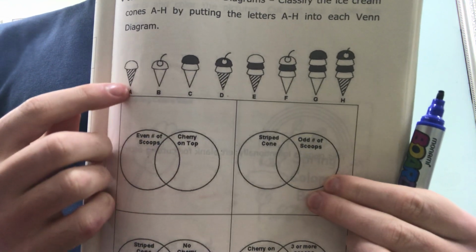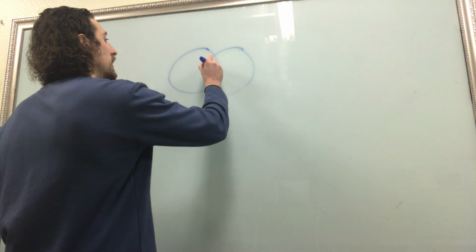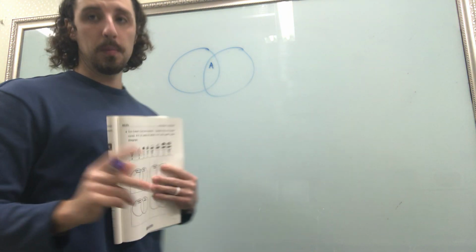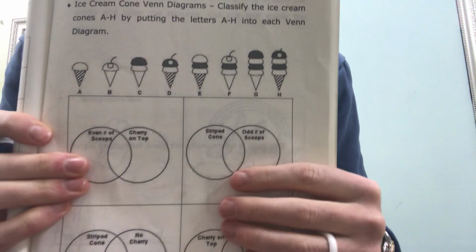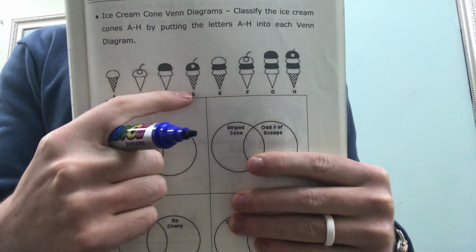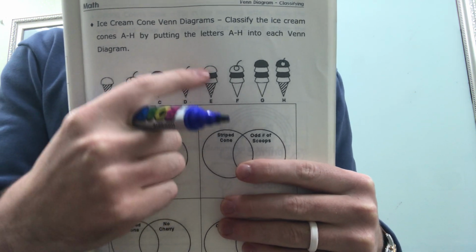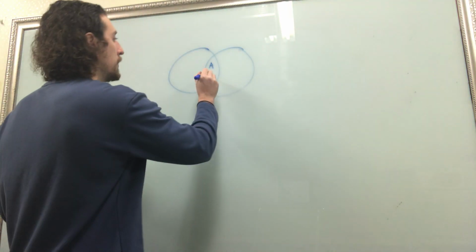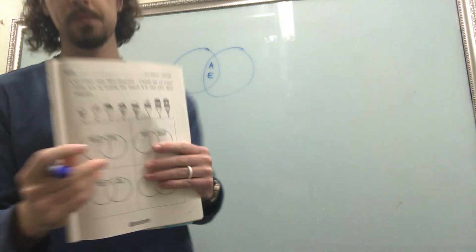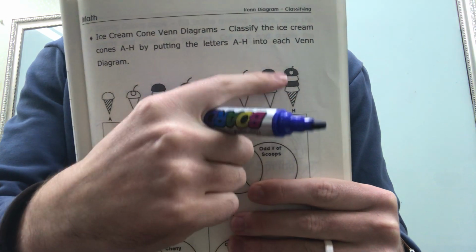Let's look at A. A is striped and odd, so A goes in the middle. A, because it fits both. Striped and odd. So let's go striped, striped, not odd. E is striped and odd. So E will go in the middle. Okay? G and then we have H. H is not odd.